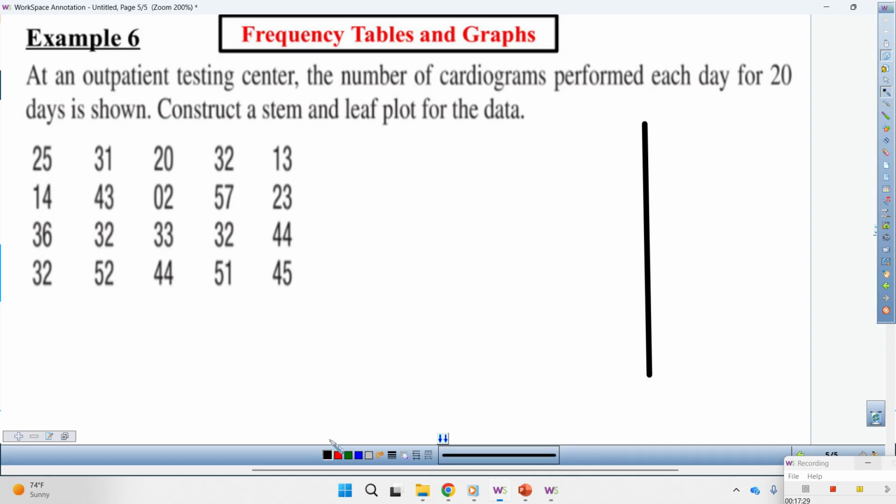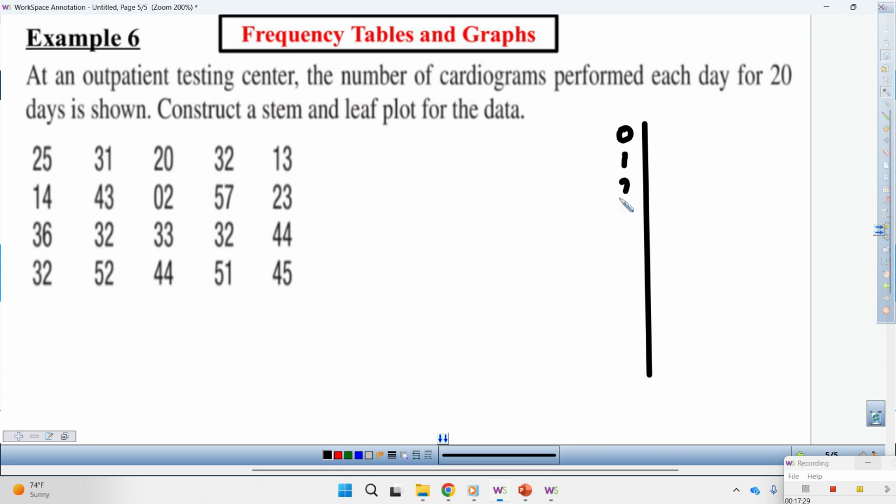Tell your neighbor what's the least and what is the highest. All right, Sam, what's the least? 2, okay. And the highest? 57. All right, so look up. The least is 2, the highest is 57, and we go by 1s and 10s.